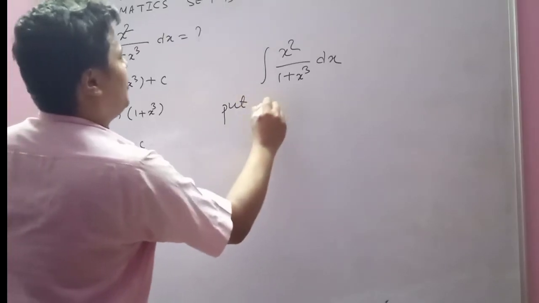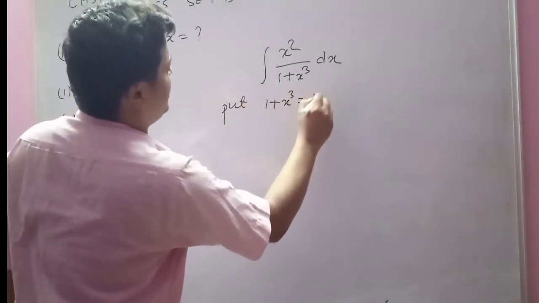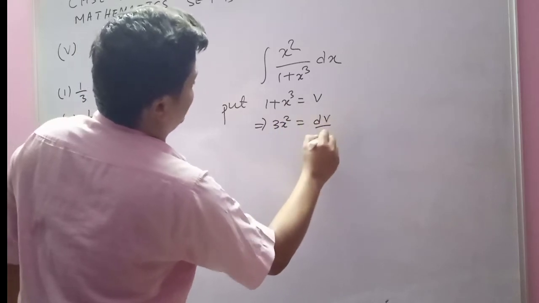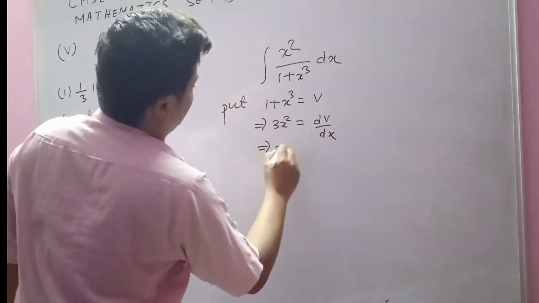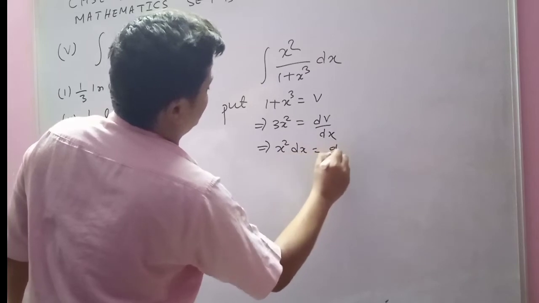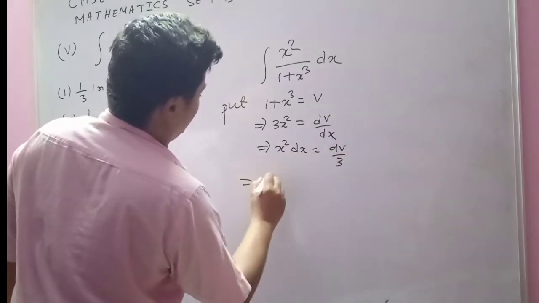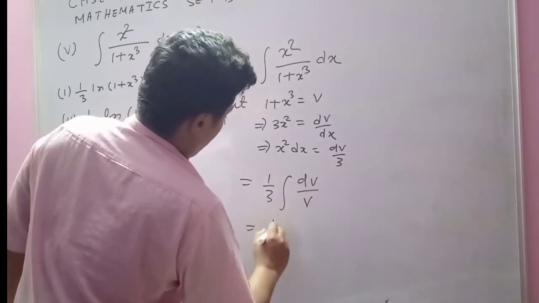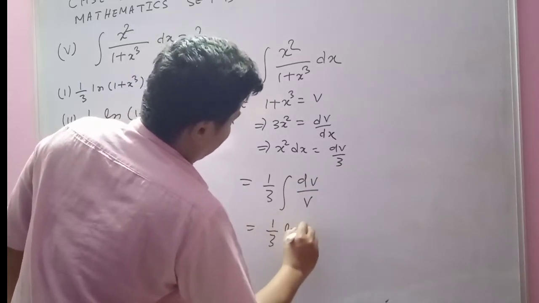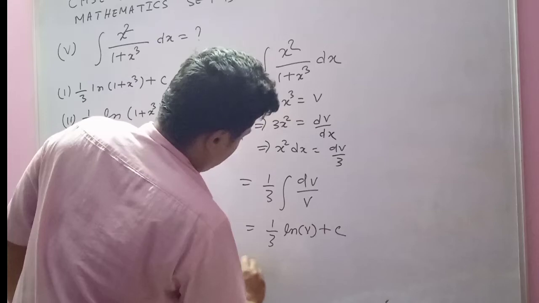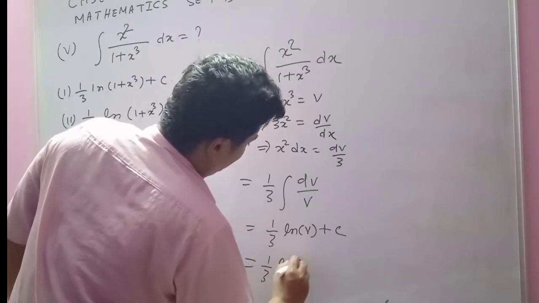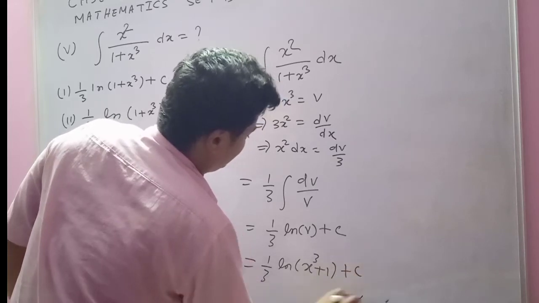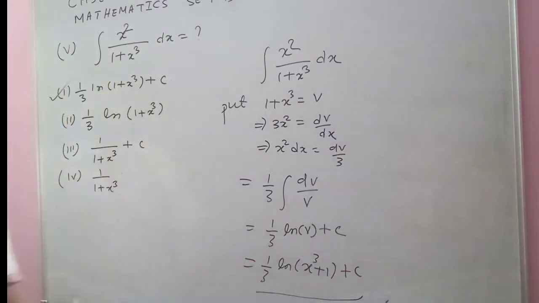Put 1 plus x cube equal to v, 3x square equal to dv by dx, or you get x square dx equal to dv by 3. So you get 1 by 3 integration dv by v, 1 by 3 ln v plus c. The value of v is x cube plus 1. So the answer is this.